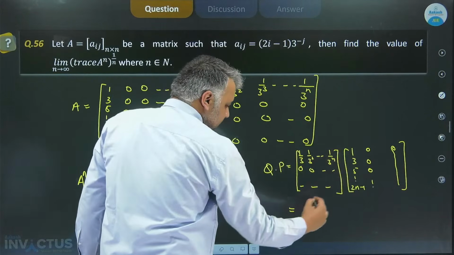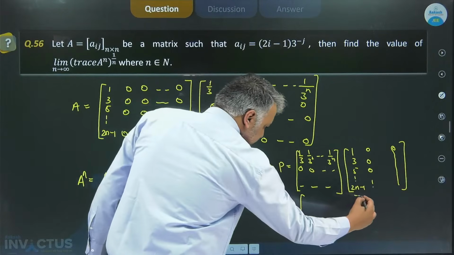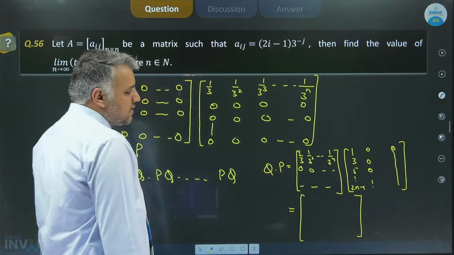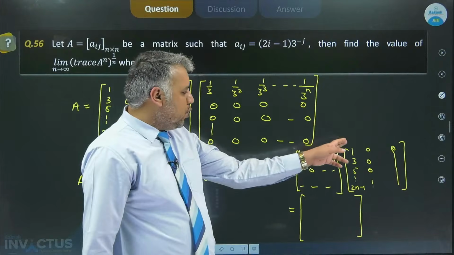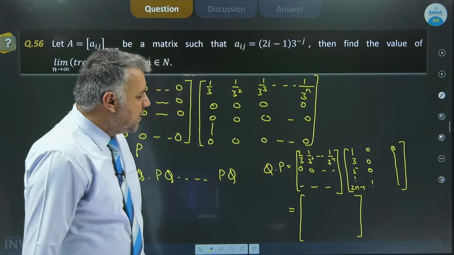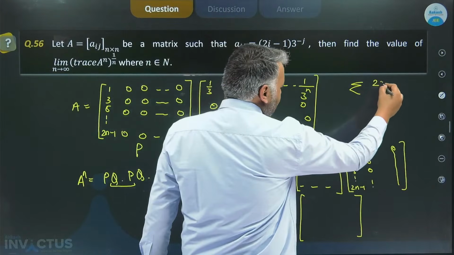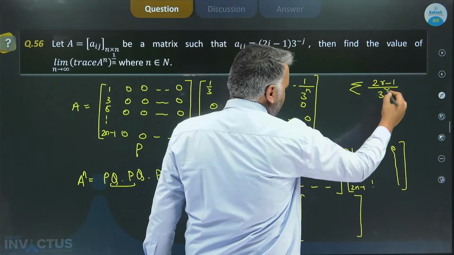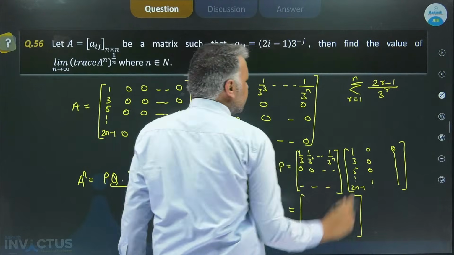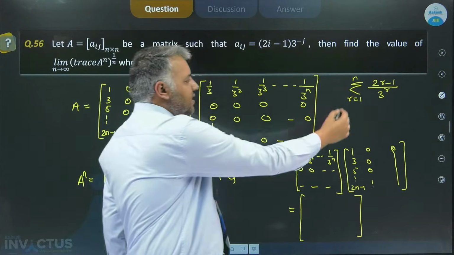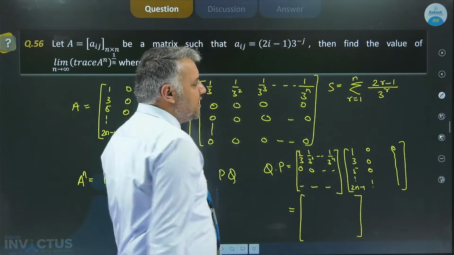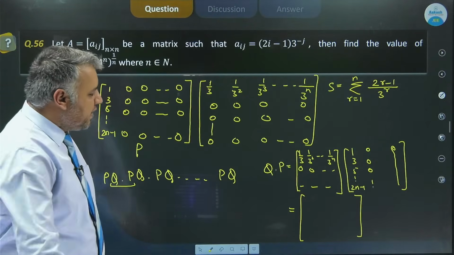row 1, column 1, so at the first position you will get a sum basically, which will be (2i - 1) into 1 by 3 power i, or you can say summation (2r - 1) upon 3 power r, r is equal to 1 to n. Let's denote this sum by S. This is AGP. We can calculate it separately.